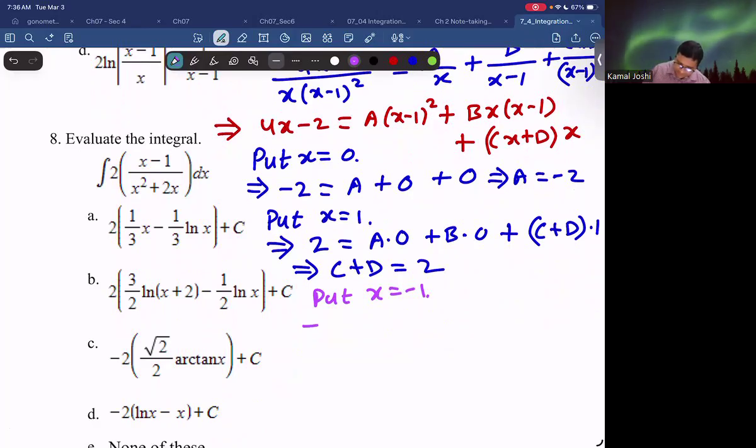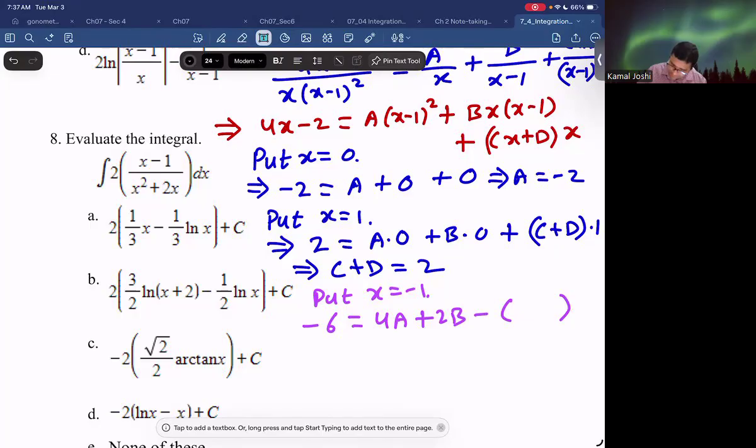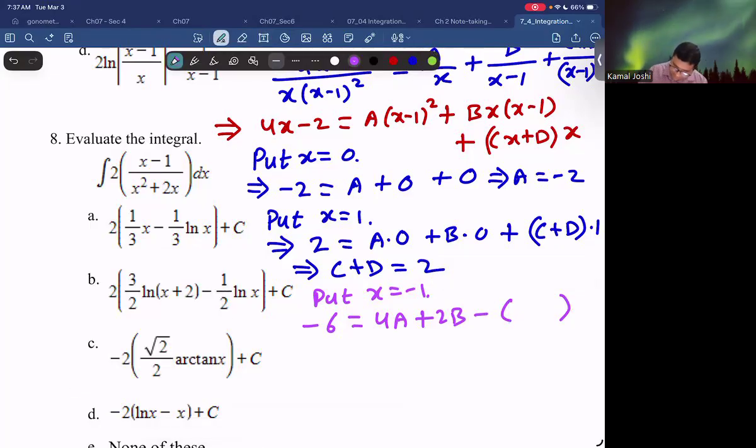So -4 -2 will be -6 here, and -1 will be -2. a times (-1 -2) whole squared will be 4, so 4a, and -1 times -2 will be +2, so plus 2b, and minus c plus d. x is -1, okay, and c times x will be minus c plus d.